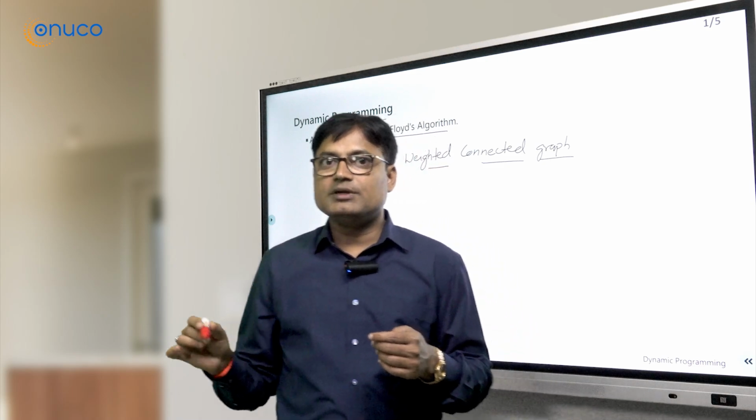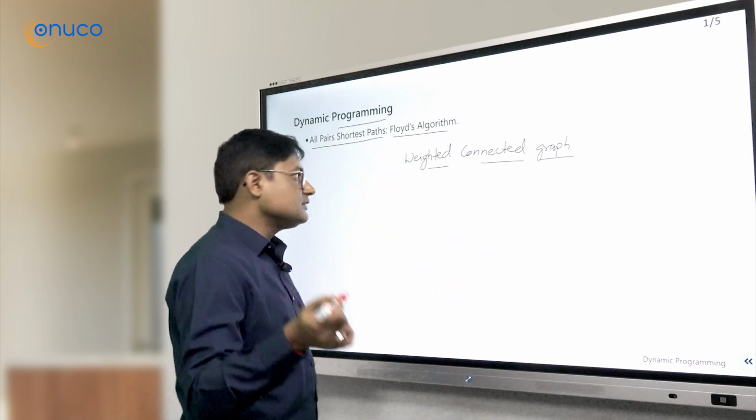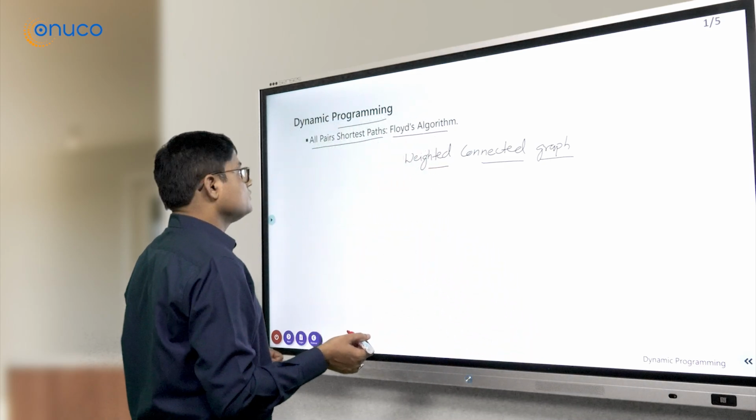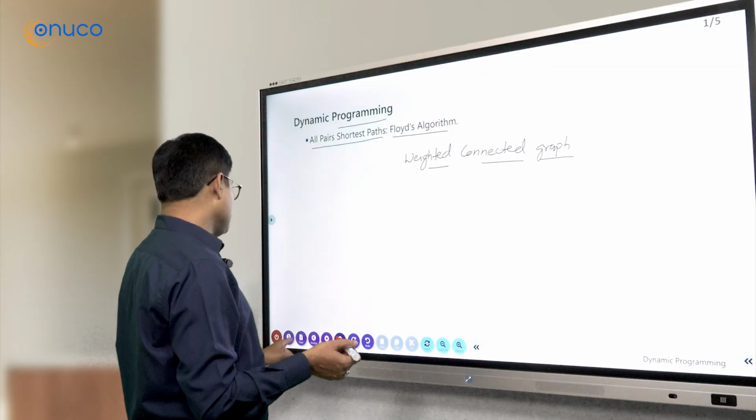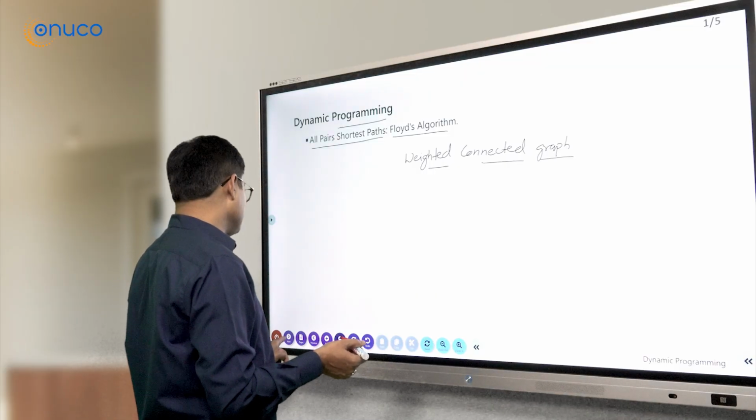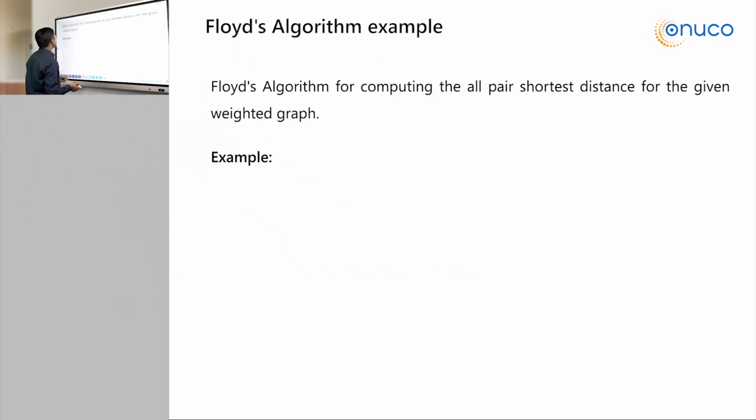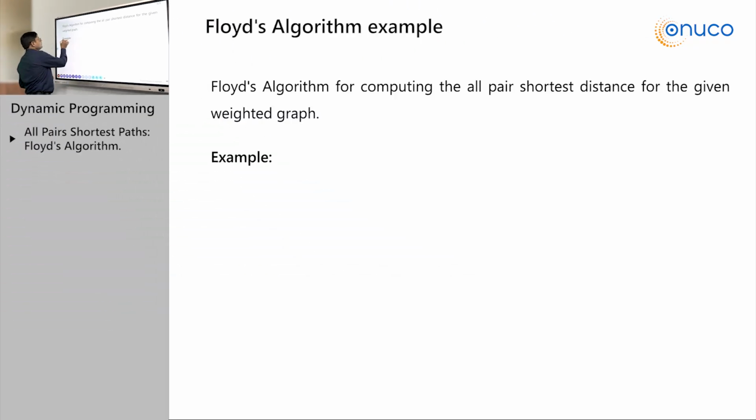So the diagonal elements will remain 0. We have already discussed these in previous chapters. So now we discuss the main part of Floyd's algorithm. What is the example here, and how are you going to discuss this Floyd algorithm?